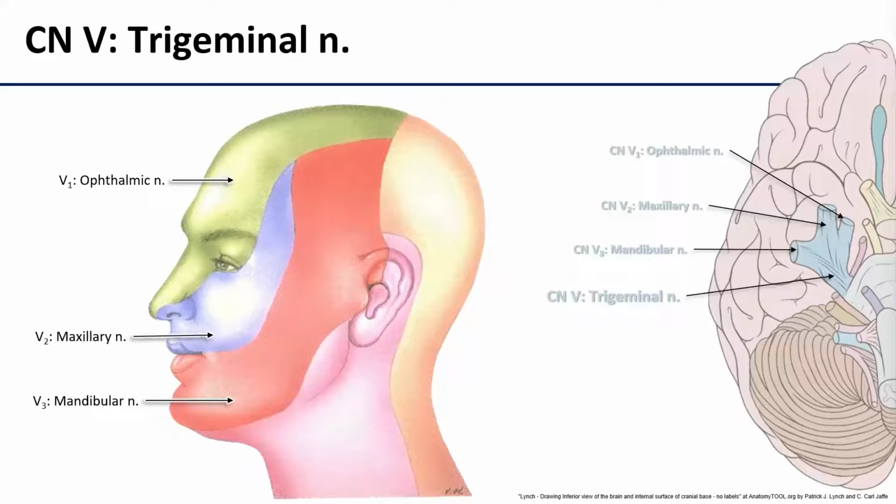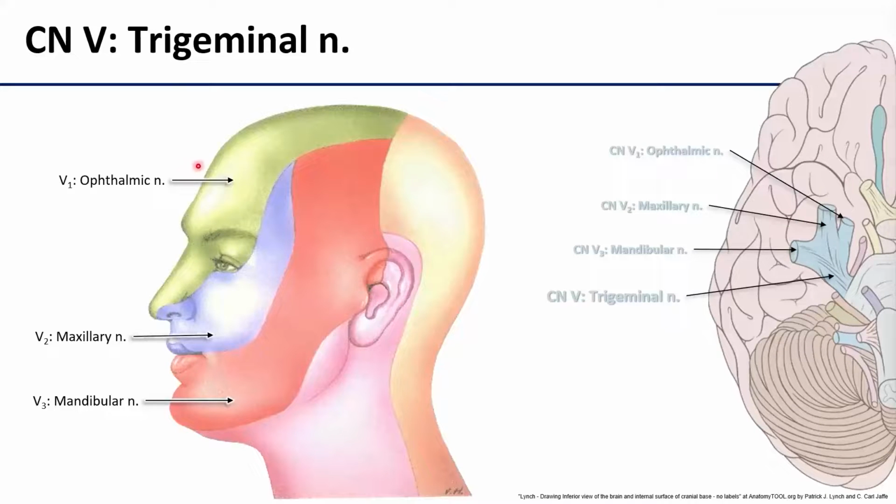Now, when I say that these divisions split up to serve different territories, this is what I mean. What you're looking at here is a type of map of nerve territories called a dermatome. And what you see is where the branches of each of these divisions are primarily responsible for the supply, separated by color.